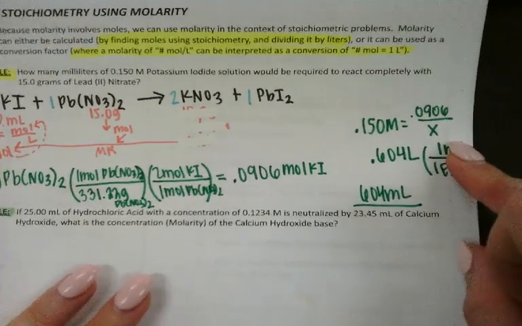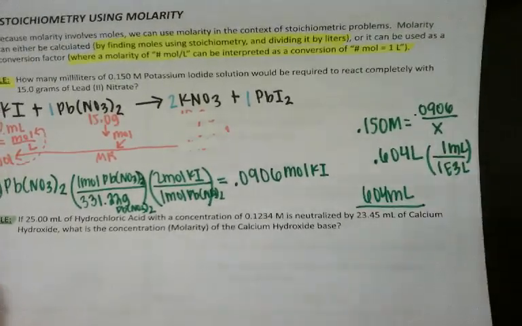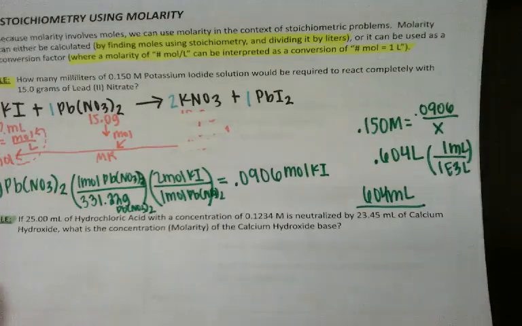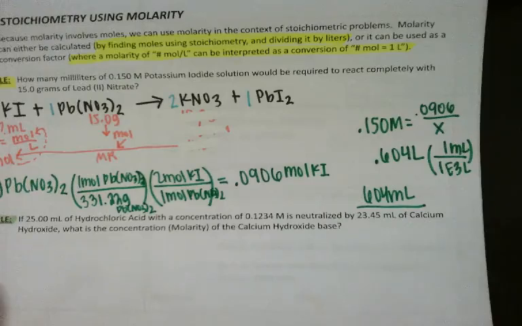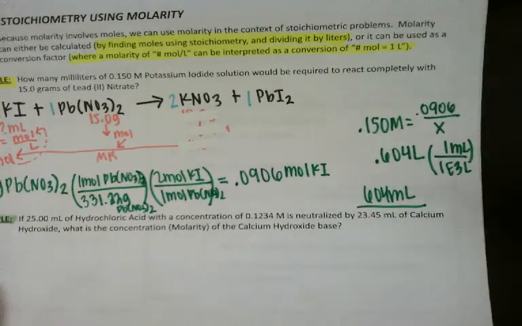And I hope that you guys always read the directions on your test where it says all work leading up to the final answer must be shown in order to receive credit. That means any sort of subtraction or conversion that you did, that's all your work, and it must be shown. This is 604 milliliters of what?